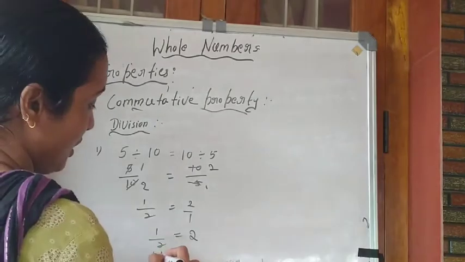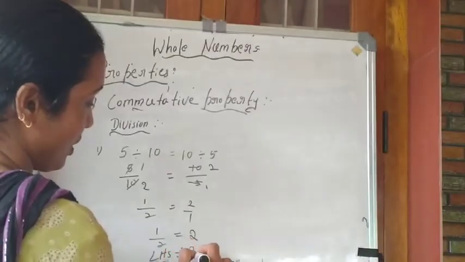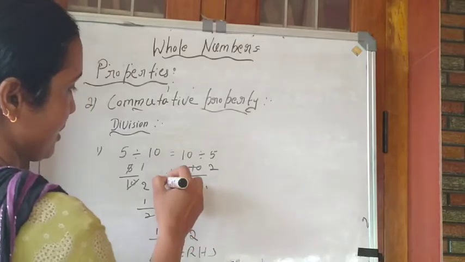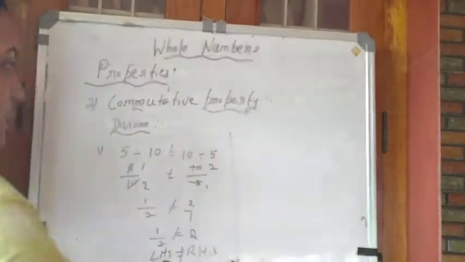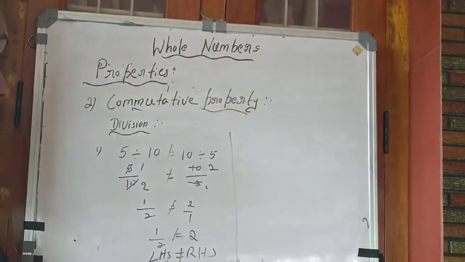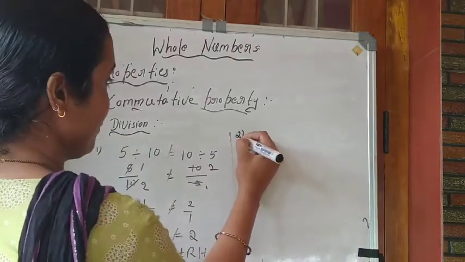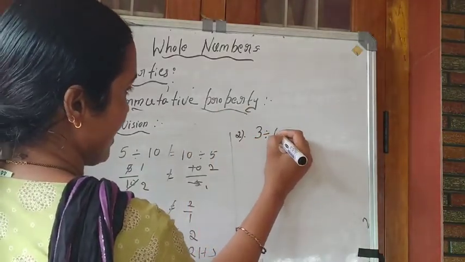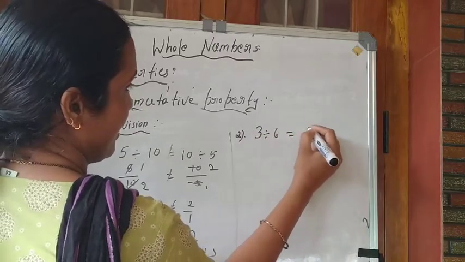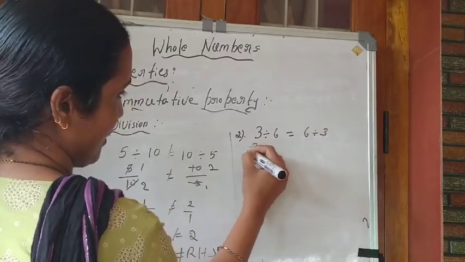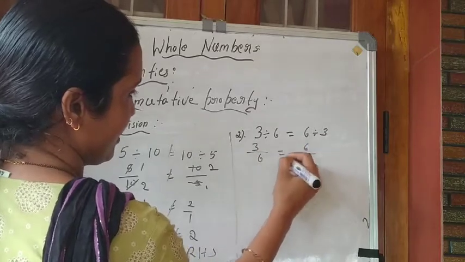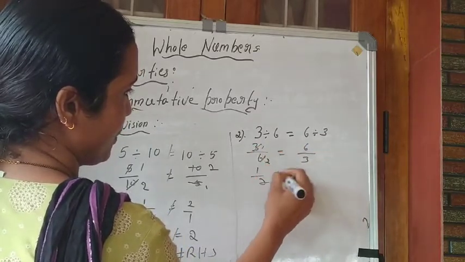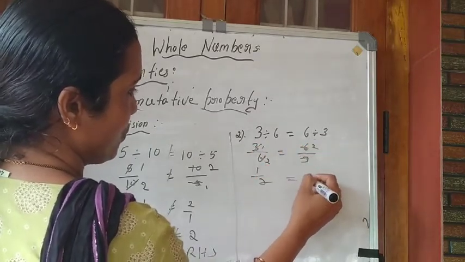So both are not equal. LHS is not equal to RHS. Here, 3 by 6 and 6 by 3 give 1 by 2 and 2.